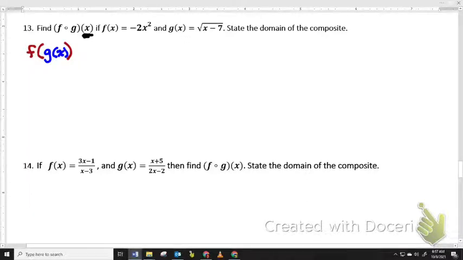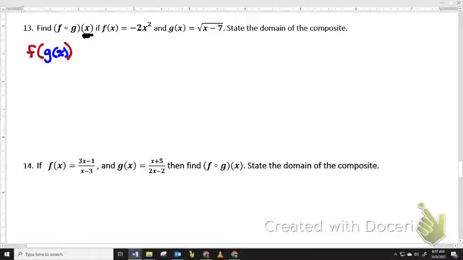Anything less than 7. So if I were going to try to use any values for x here, I have to make sure that all of them are larger than 7, or else I'm not allowed to use them as inputs here. So my domain would be bracket 7 to infinity, since there are no restrictions on my outside function.